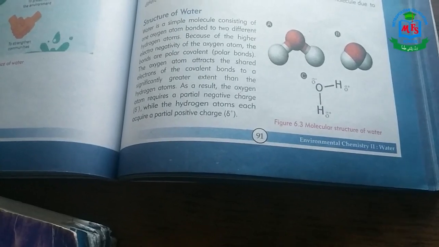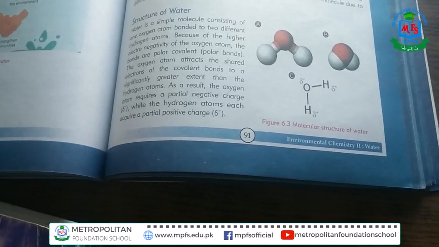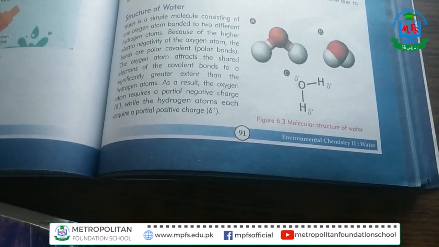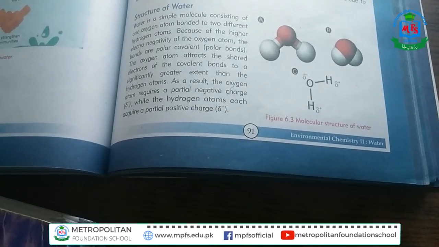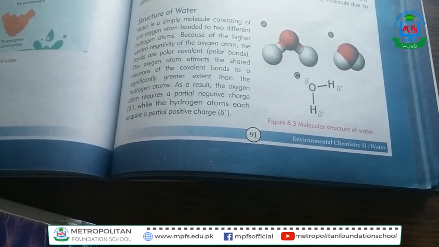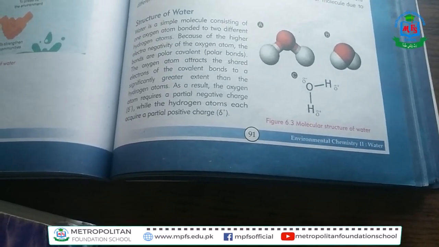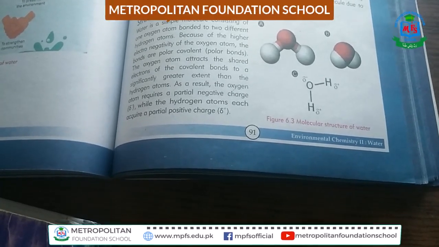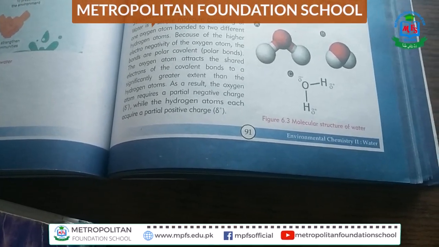As you know students, water is a polar molecule because it has two opposite poles. Oxygen has a negative charge. On the other side, a hydrogen atom is present and hydrogen has a positive charge.